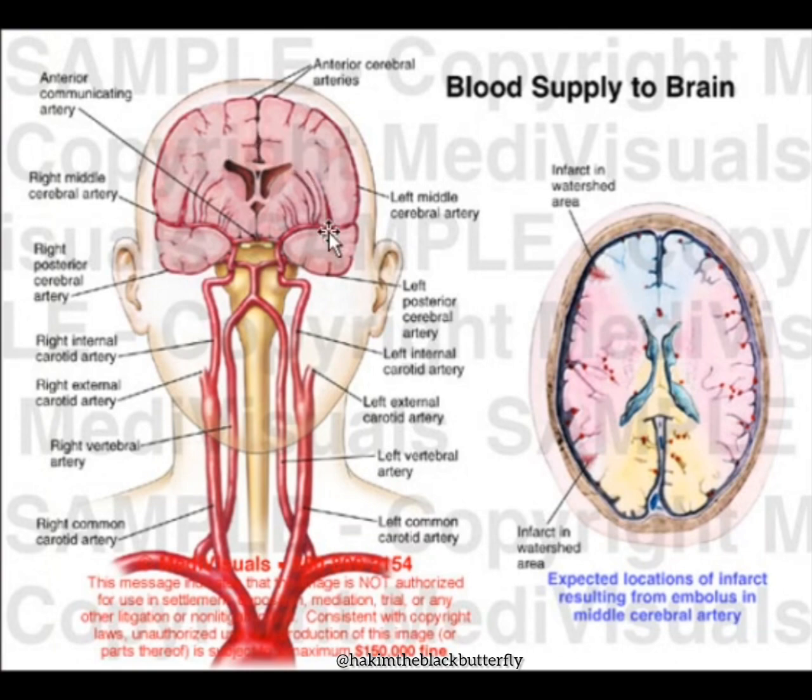This is the coronal section of the brain, and you're going to see that inferior to the brain, these blood vessels, when they enter the cranial cavity, first reach the inferior surface of the brain.